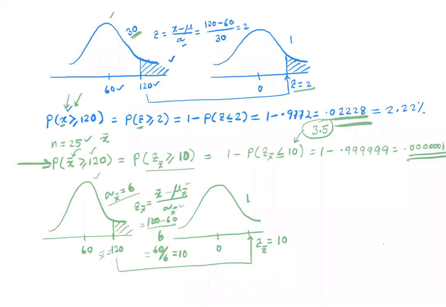The reason I did this part of the problem, even though it's not in the problem, is because I wanted to compare it. See, if you're talking about one person, the chances of that person spending more than 120 minutes is about 2%. It's small, yet not that small.